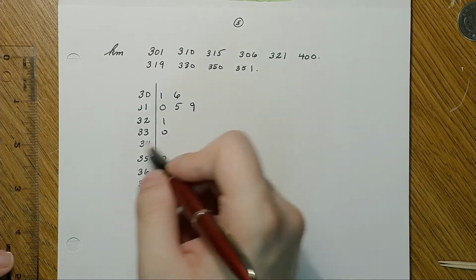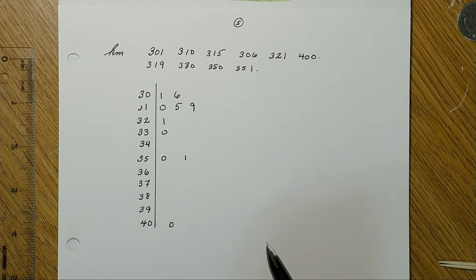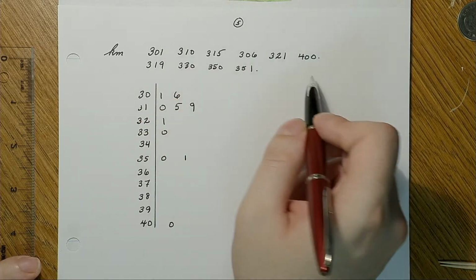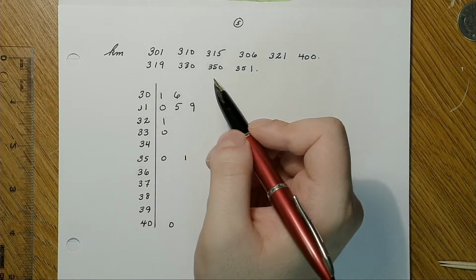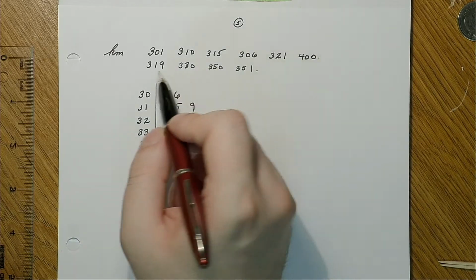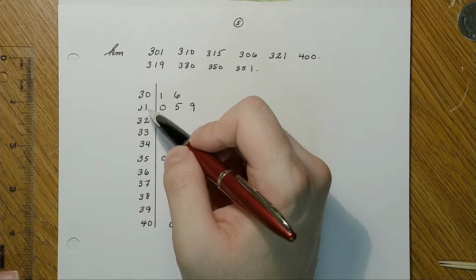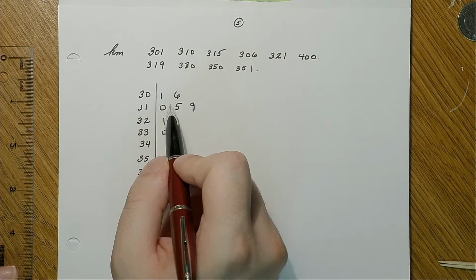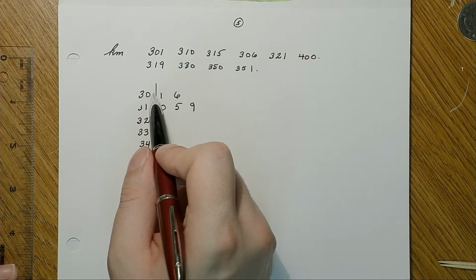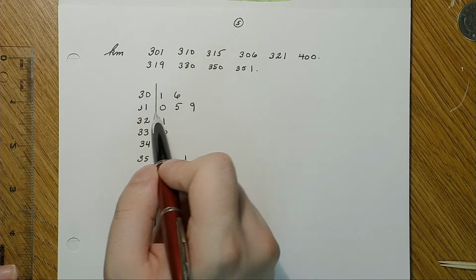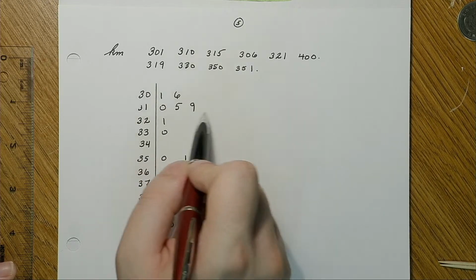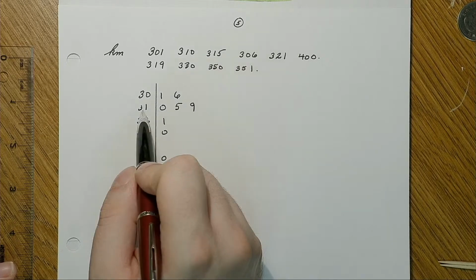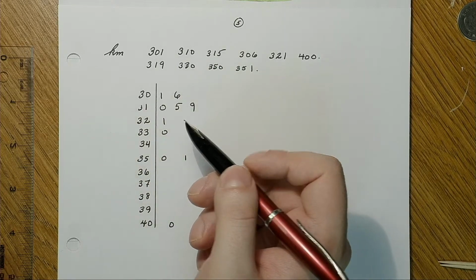So that would be the stem and leaf plot for this collection of data. You can see that it's not necessarily about the decimal places. We're just looking for things that are common. I have two pieces of data where I had basically 300, and three pieces of data for the 310s.